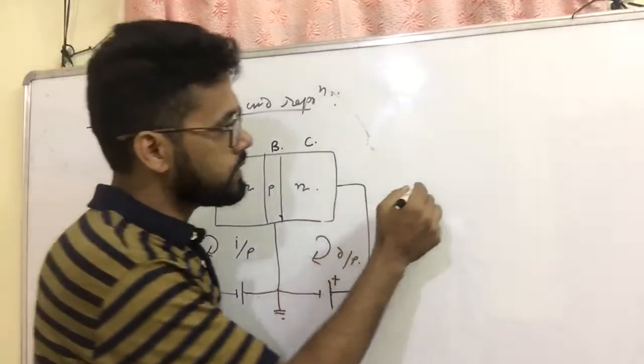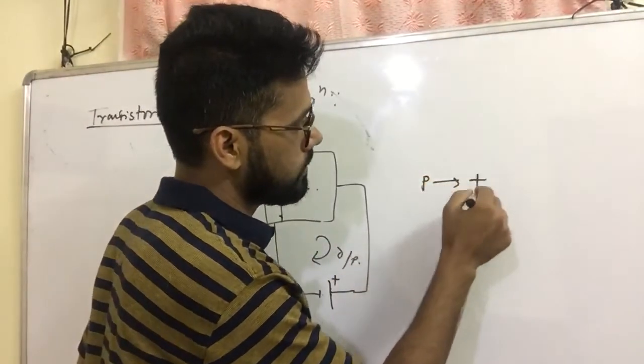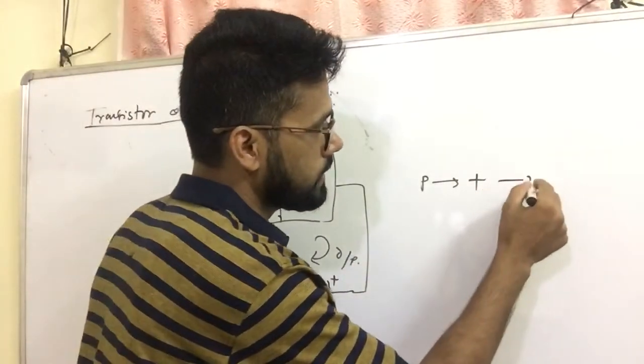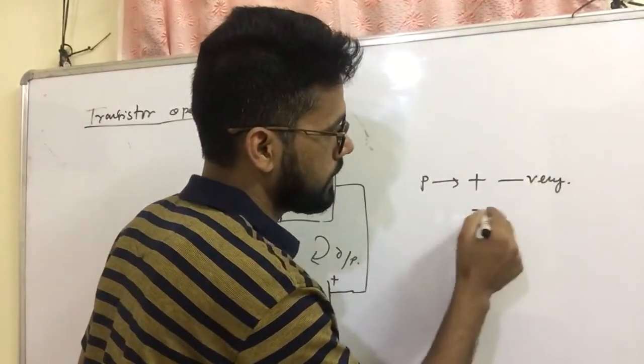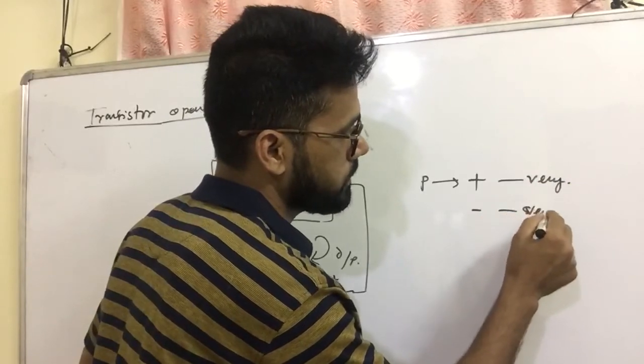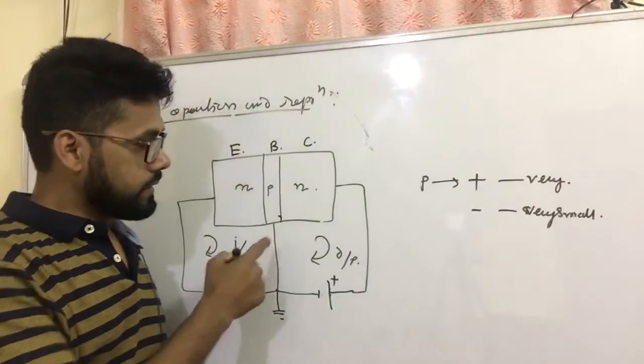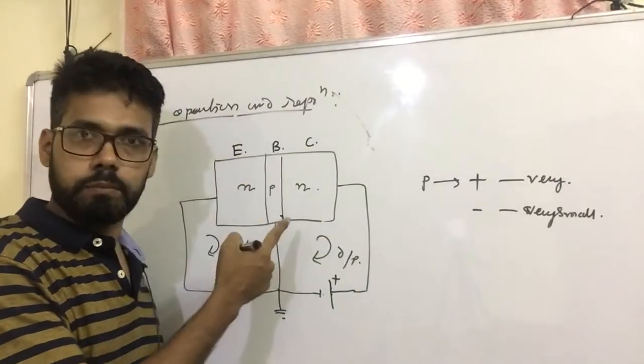So in the P region the majority is large, and electron is very small.